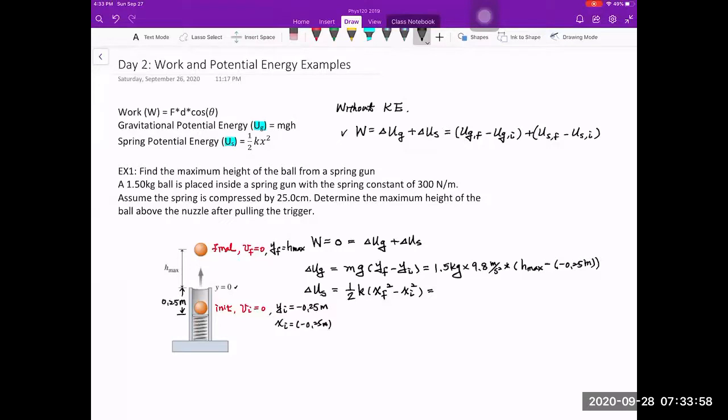And what is the final? Where is the final? Well, for the spring, the final state of the spring is just at the nozzle of the spring gun. So the final x is going to be 0. That means it's unstretched.